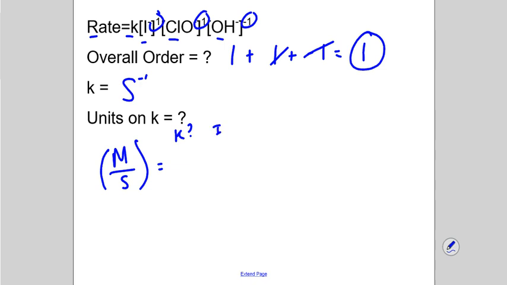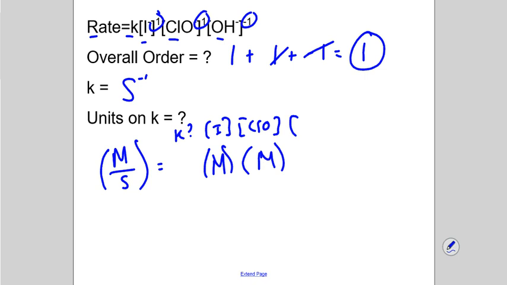So iodide's units are concentration, so that's molarity. Our hypochlorite is also molarity. And then because hydroxide is the negative first there, it's going to be molarity to the negative first. So essentially, this molarity and this molarity to the negative first are going to cancel each other.